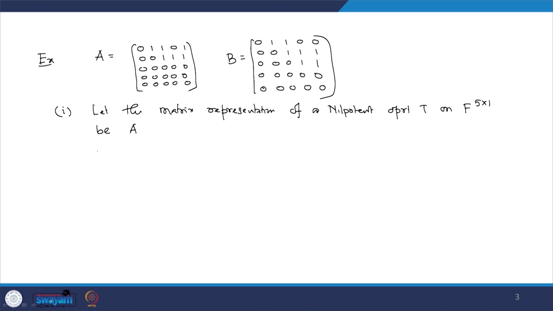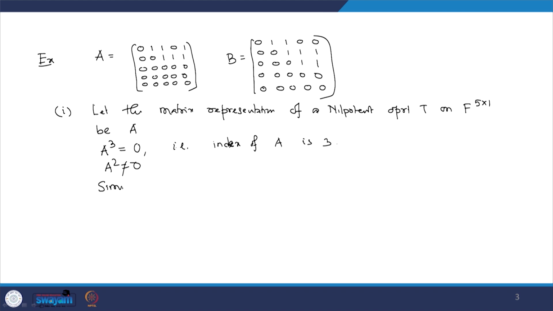First we have to calculate the index of A. We can see A to the power 3 equals 0, but A to the power 2 is not equal to 0, so the index of A is 3. So it is a nilpotent matrix.